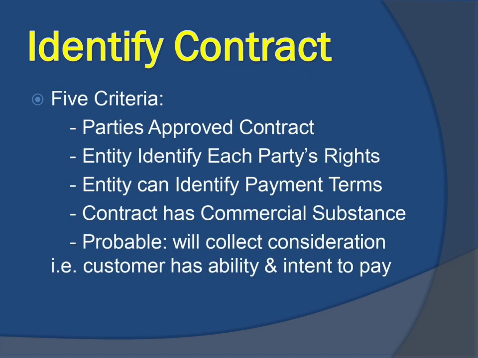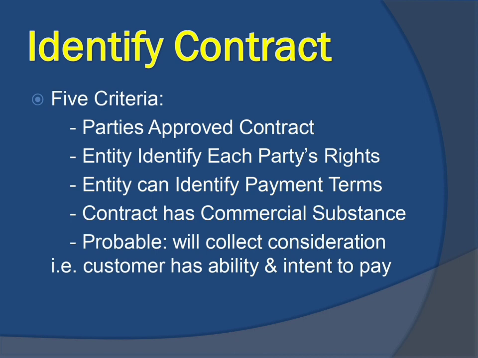So the IFRS 15 revenue recognition model applies where a contract exists, and we know the definition of a contract, alright, and all the following 5 criteria are met. What are the 5 criteria? The first is that parties have approved the contract in writing, orally, or implied by customary practices.